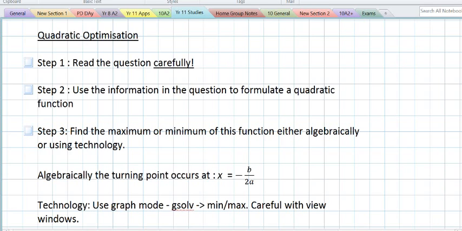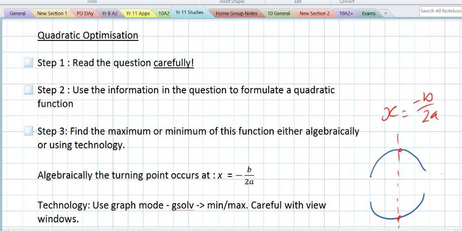Then, step 3 is what we're really going to focus on today, using either technology or algebra to find the maximum or minimum. Now, as you know, quadratics will either look like this, more or less, or that, and their turning point, this midline, occurs when x equals minus b over 2a.